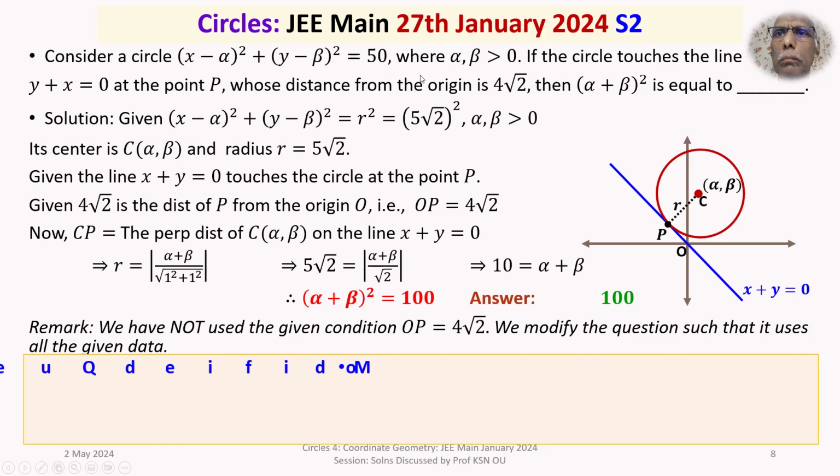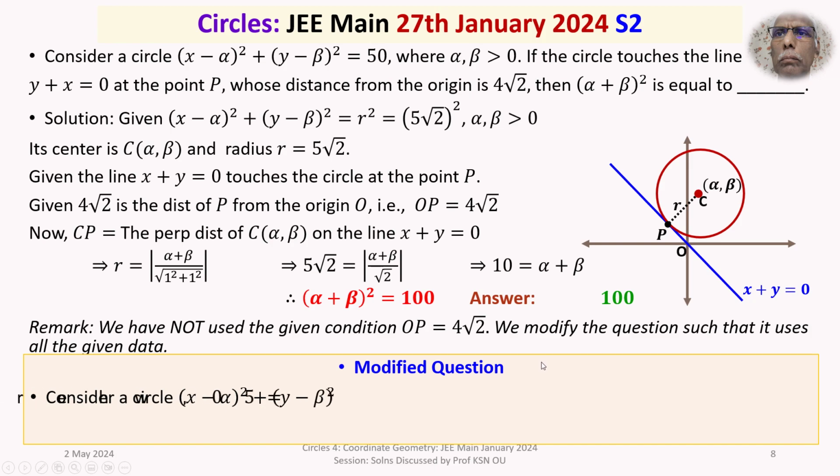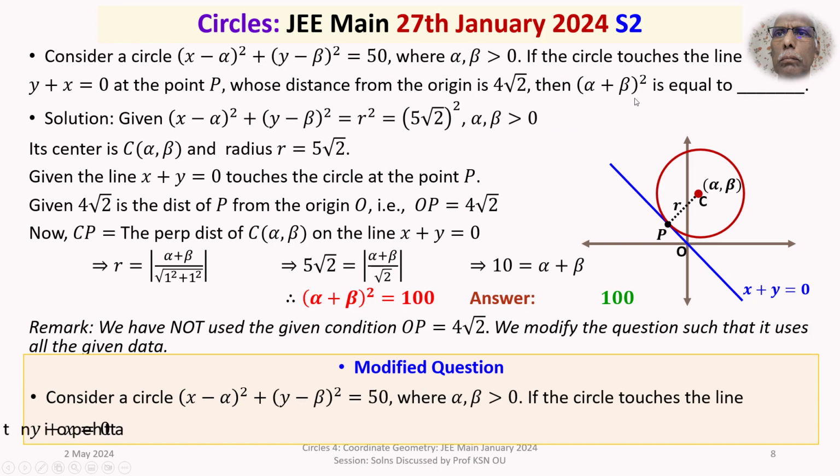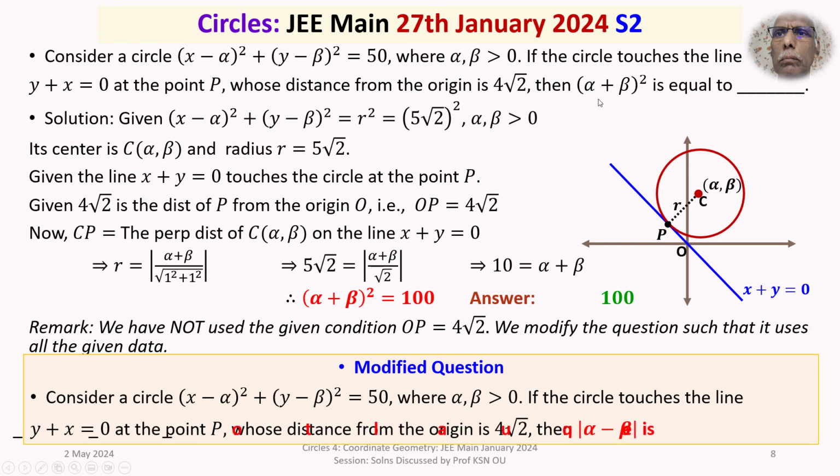That's the same question, except that instead of (α + β)² is equal to, we have here mod of (α − β) is equal to.